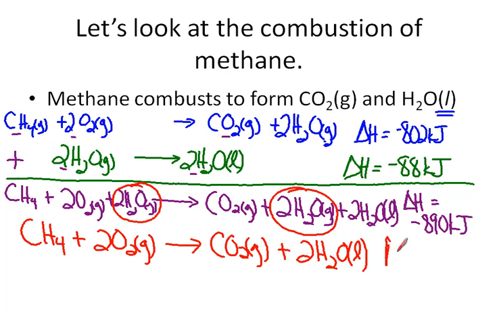And then our delta H is still negative 890 kilojoules. So there is our full equation for the combustion of methane.